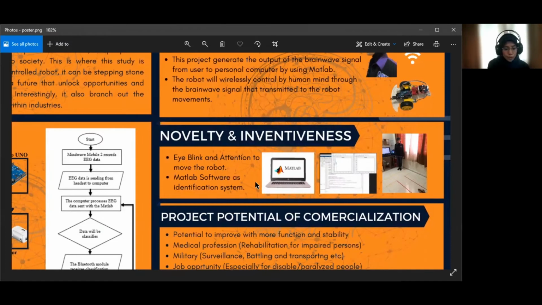MATLAB software as the identification system was also used in this project. It's also different from previous projects, where some used LabVIEW and Brainflix for the identification system.